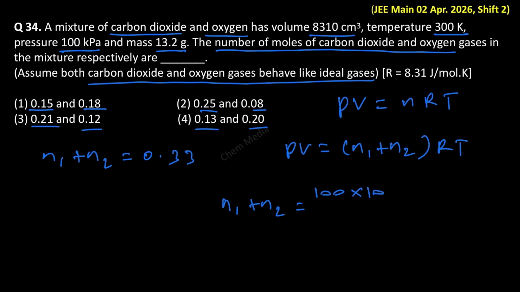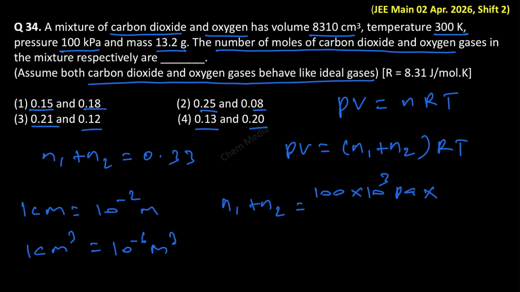100 times 10 to the power 3 Pascal times volume, which is given in centimeter cube. We know that 1 centimeter is equal to 10 to the power minus 2 meter. So therefore, 1 centimeter cube is equal to 10 to the power minus 6 meter cube.